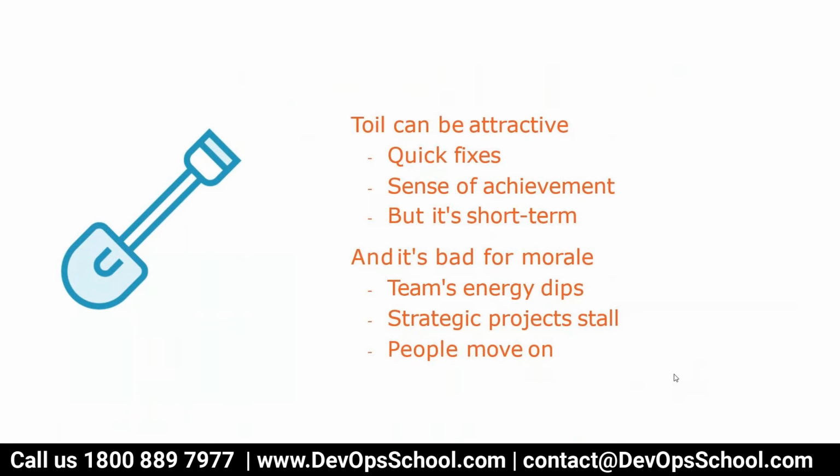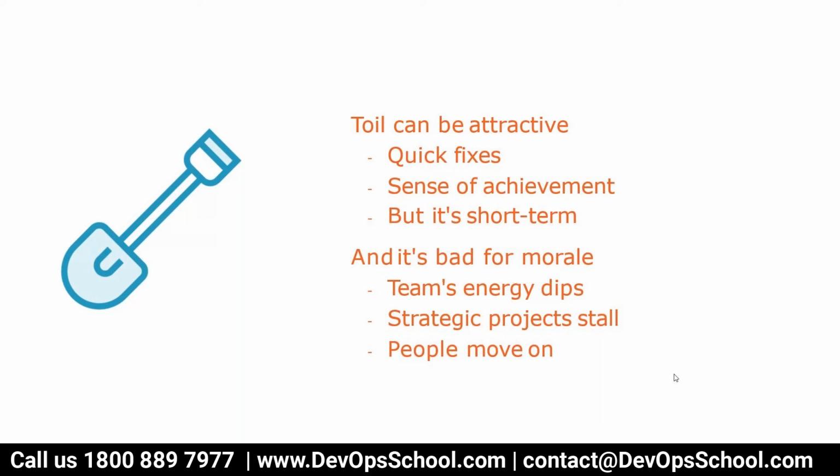So yes, toil can be attractive. A quick fix can be attractive. Let's say you go and fix the toil. There's one issue that has come up, P1 or P2. You logged in and did something, the issue is resolved, you report back to the team that the issue is resolved, and you feel a sense of achievement. You feel like you did something meaningful.